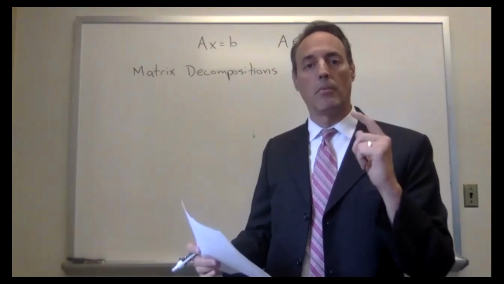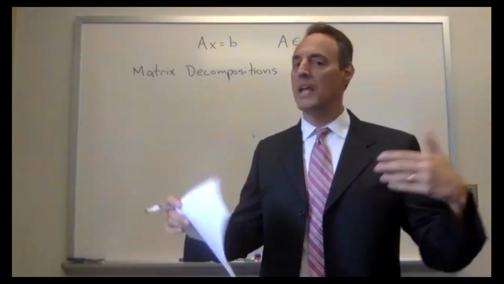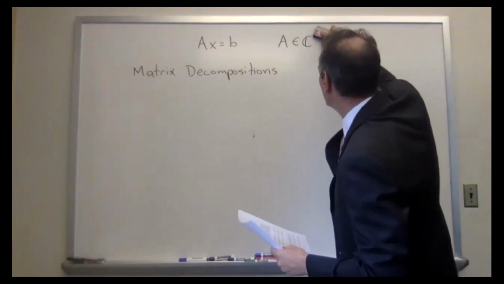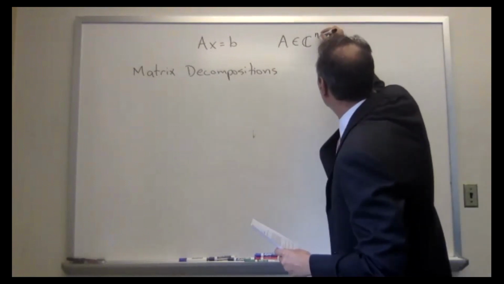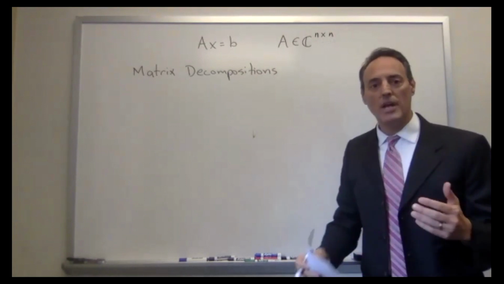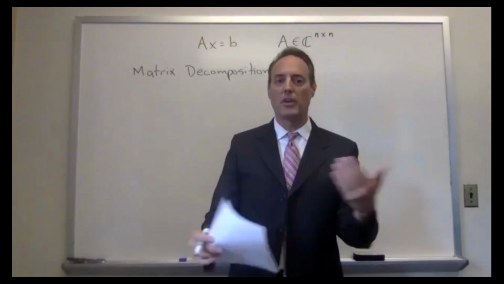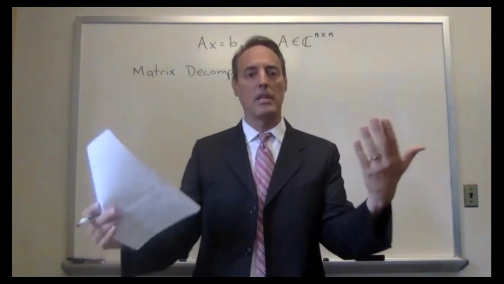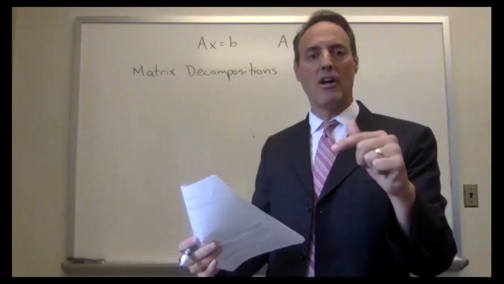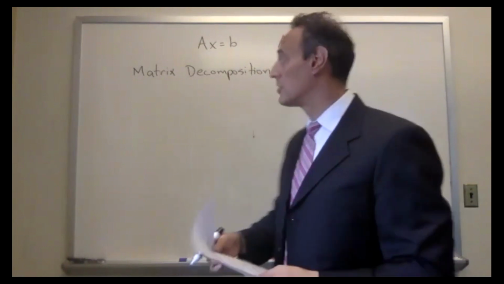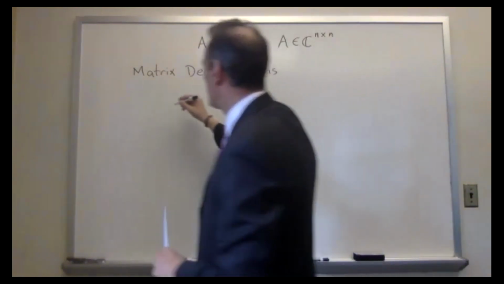But right now, let's just assume I have n equations and n unknowns. This is what you probably had in linear algebra, and you figured out how to solve this. Typically the way we did this in linear algebra was to do Gaussian elimination. And Gaussian elimination, to solve this, I'm going to put this here.